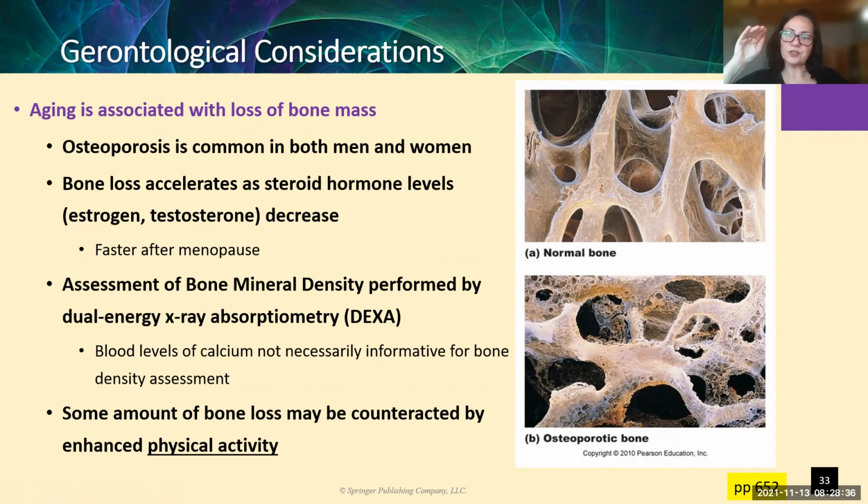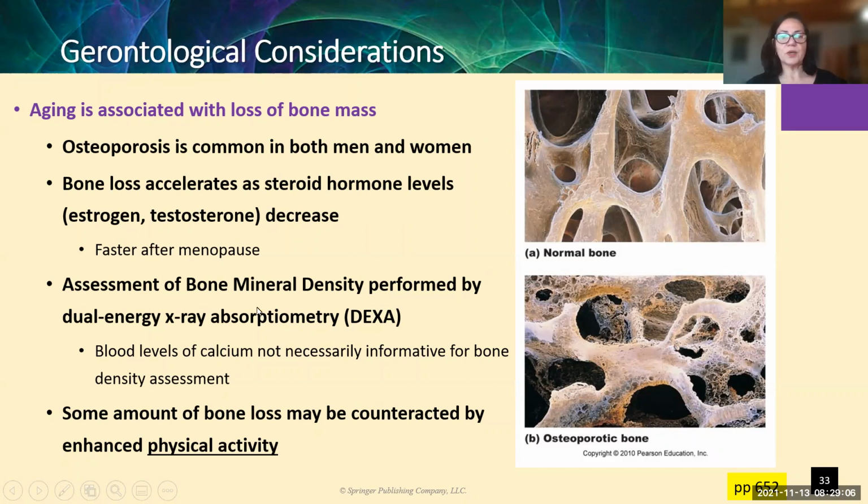As estrogen and testosterone levels go down, the osteoclasts break down a little bit of bone, and then they break down a little bit more bone. So in females, there's a faster acceleration of bone loss after menopause because of the big drop off in estrogen levels. In males, there's also a drop off in testosterone with age, but it's not as precipitous as it is for females.